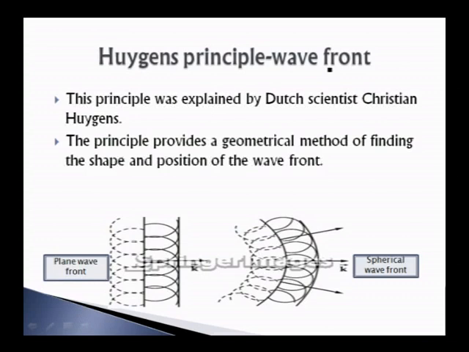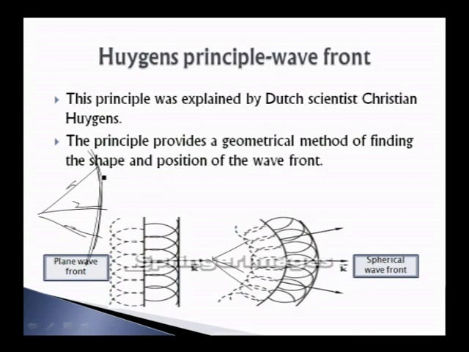According to Huygens' theory, whenever the light falls here, it spreads in all directions. So there is a possibility that at some point, this light and this light and this light will form a part of a circle.